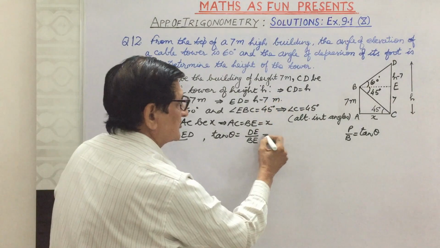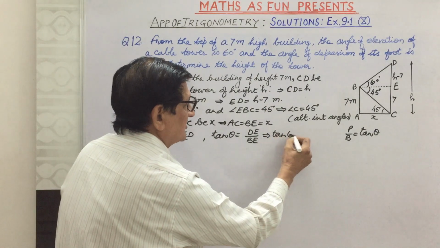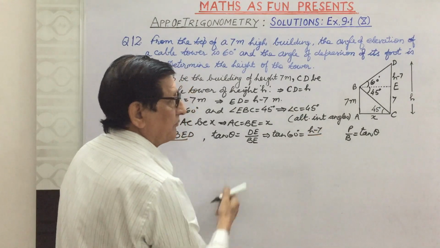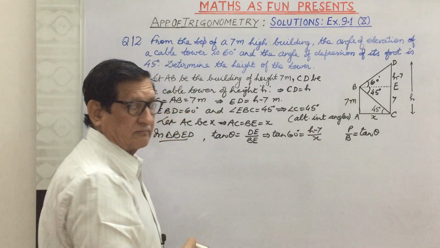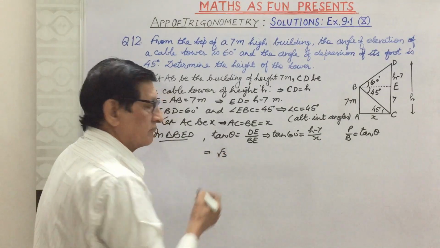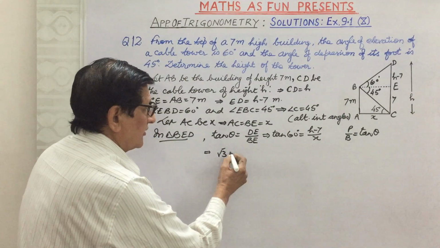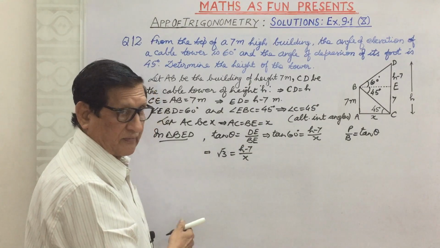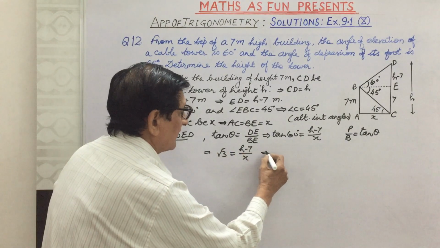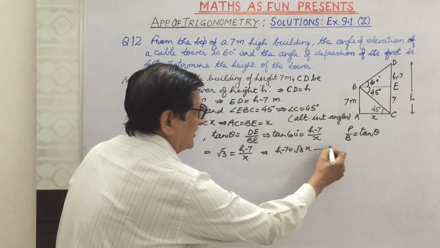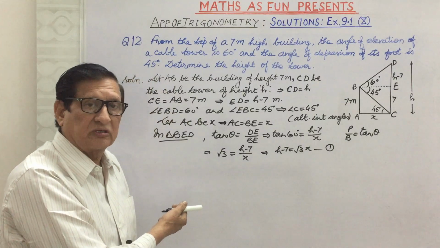Theta is 60 degree. So tan 60 is equal to DE, that is H minus 7, upon BE, that is X. We know the value of tan 60 is root 3. So here we find root 3 equal to H minus 7 upon X. If we multiply this by X, we are getting H minus 7 is equal to root 3 X. This we can take as equation number 1.